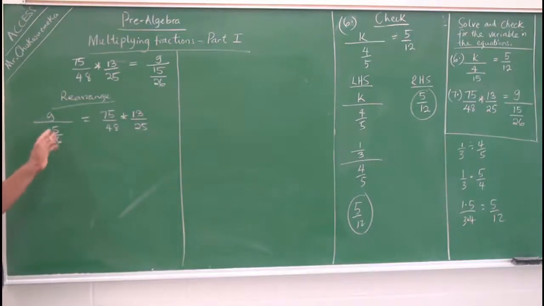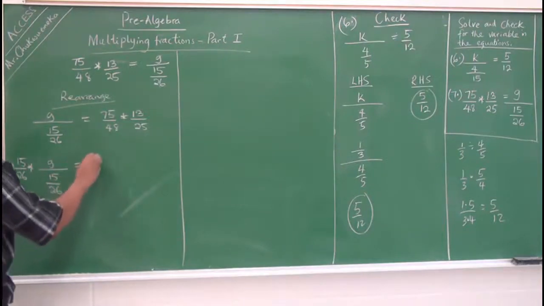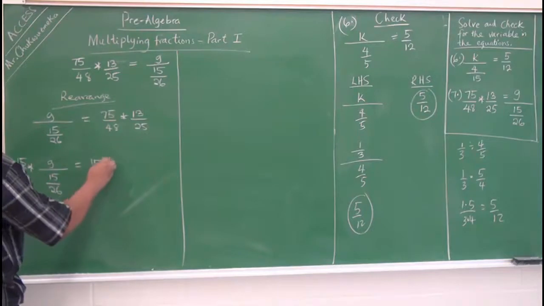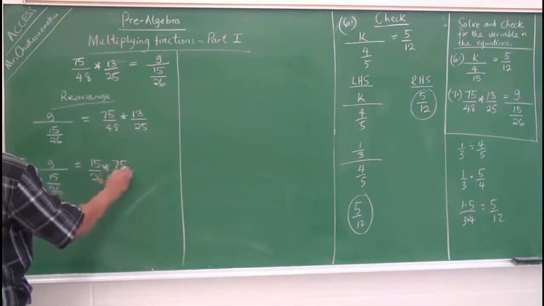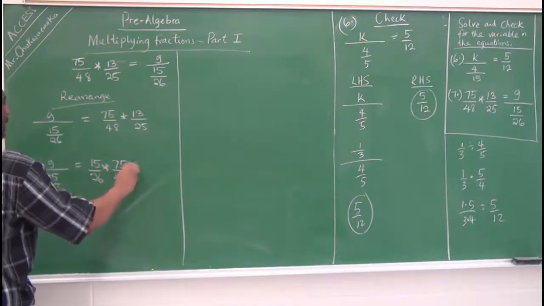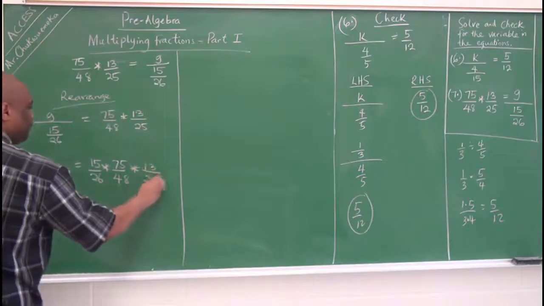You can now multiply both sides by 15 over 26. So this will be 15 over 26 times G over 15 over 26 equal to 15 over 26 times 75 over 48 times 13 over 25.